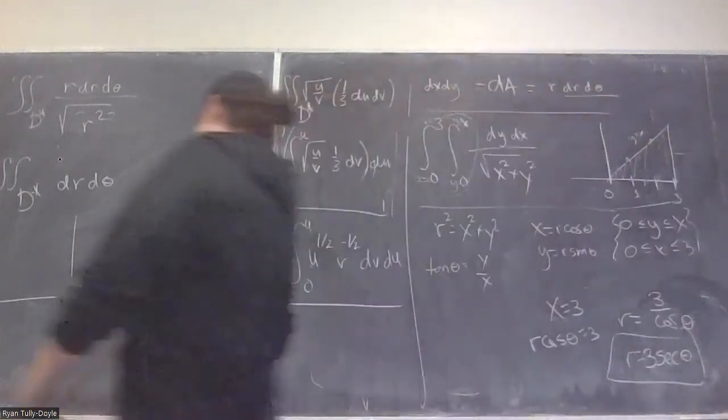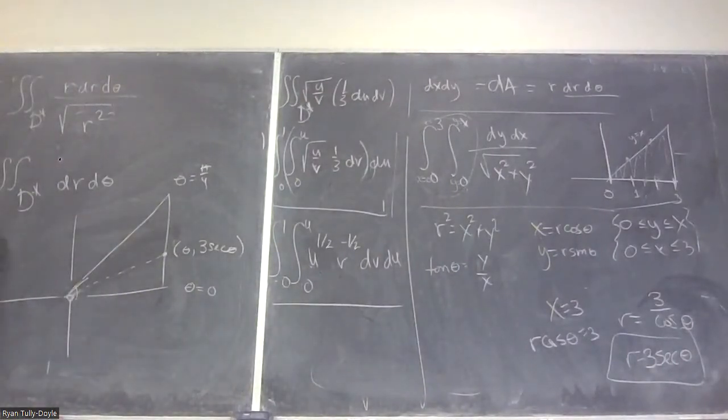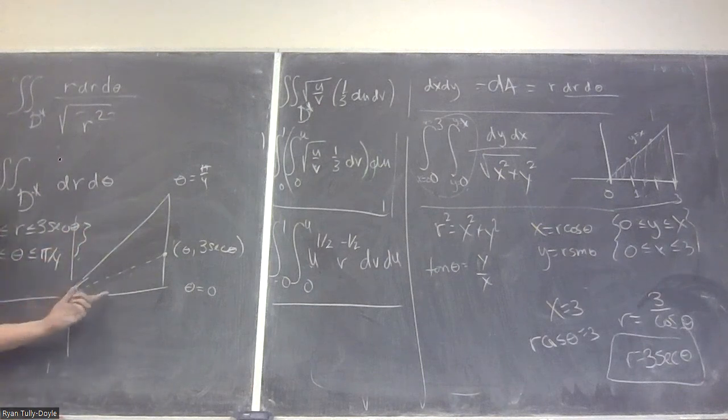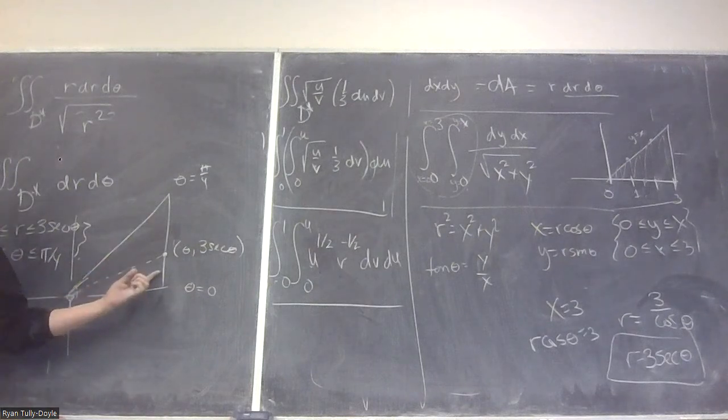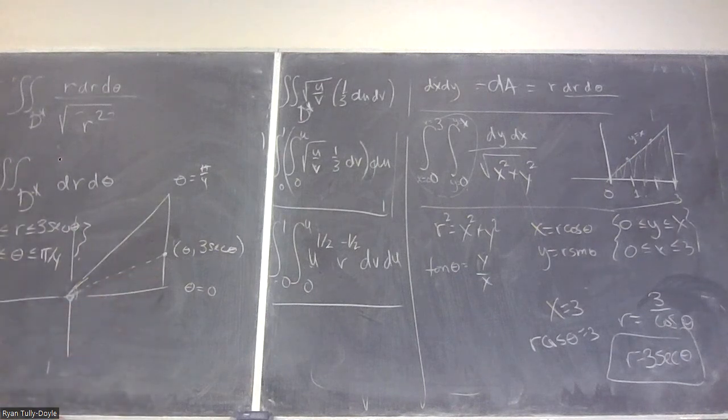The polar description of the region is r runs between 0 and 3 times the secant of theta, and theta runs between 0 and pi over 4. This is the part that's hard, recharacterizing not the function, but the domain, especially if the domain has straight lines on it. Okay, so 0 is less than or equal to r is less than or equal to 3 secant theta.